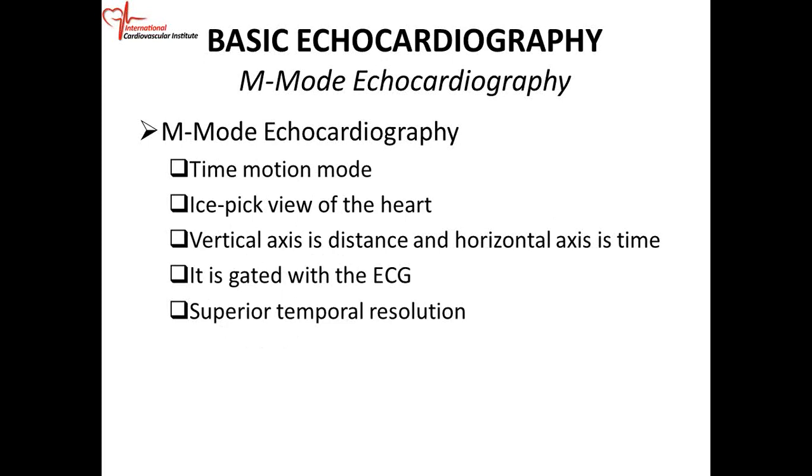So there is a time and there is a displacement, okay? So on the horizontal axis, we have time, and then the vertical axis, we have displacement. It's called the ice pick view of the heart because of how it got started.